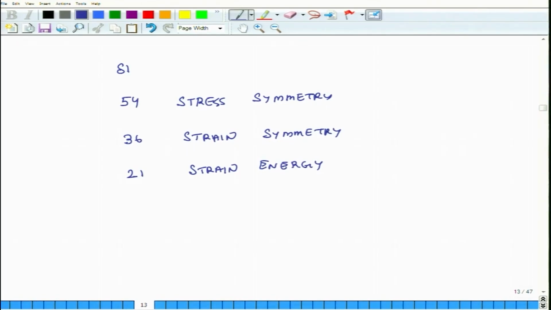Going forward, we will continue this discussion even further, but at the end of the day, 21 is the total number of constants required; we cannot reduce this number any further.